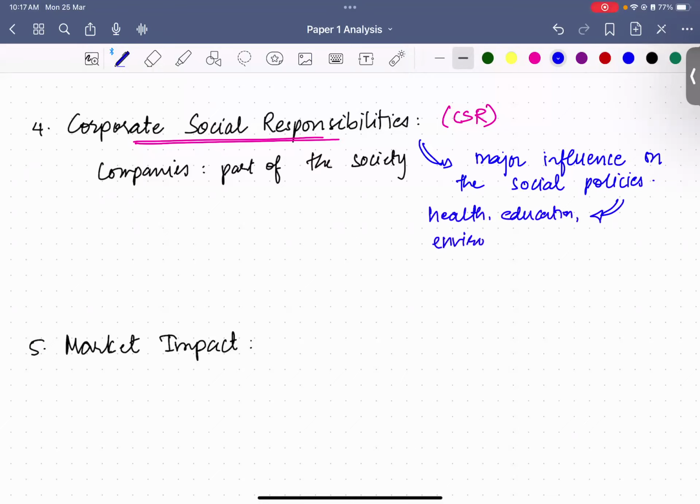Because in the 21st century, due to rapid technological advancements, changing demographics and globalization, the society is changing, and the public administration has to cater to these needs.